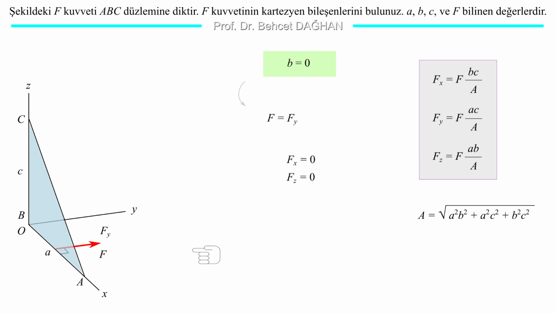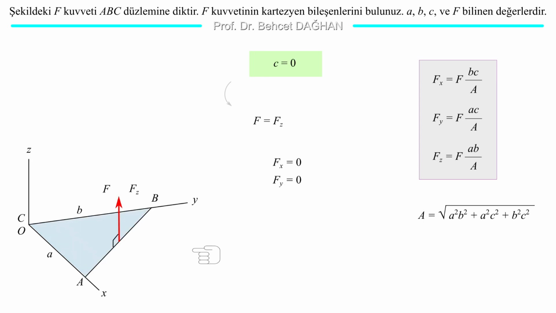The x and z components of F become 0. Then F equals the y component of F. This time F becomes a force parallel to y. If C is 0, this time F becomes a force parallel to z. Only the z component remains. The x and y components do not exist.